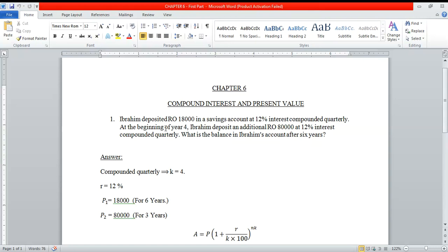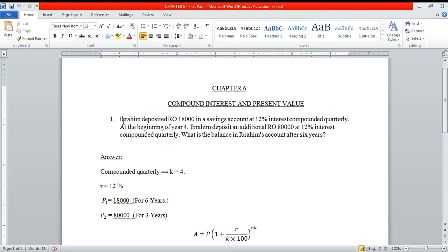At the beginning of year 4, Ibrahim deposited an additional 80,000 Oman Riyal at 12 percentage interest compounded quarterly. Then what is the balance in Ibrahim's account after 6 years?